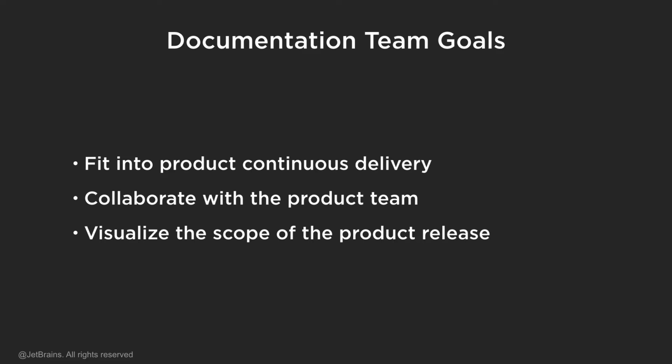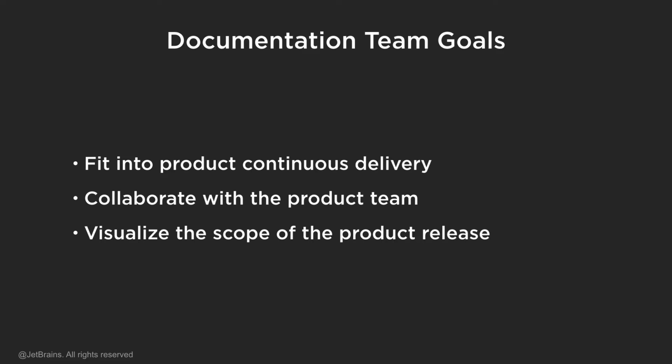What are their goals? Before we started implementing the process for them, we checked what goals they wanted to achieve. Again, with this product continuous delivery, we had to feed our documentation into this continuous process. What does it mean?